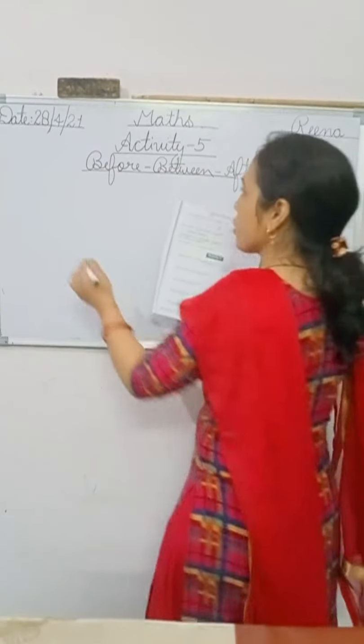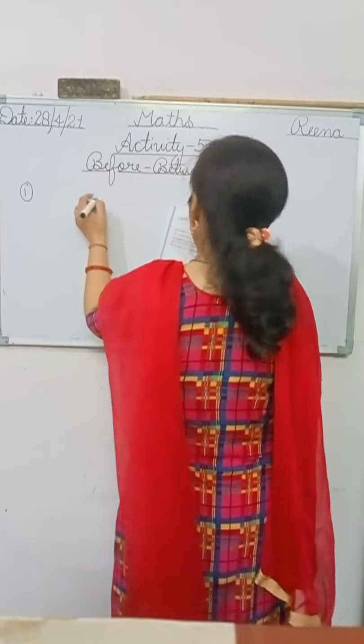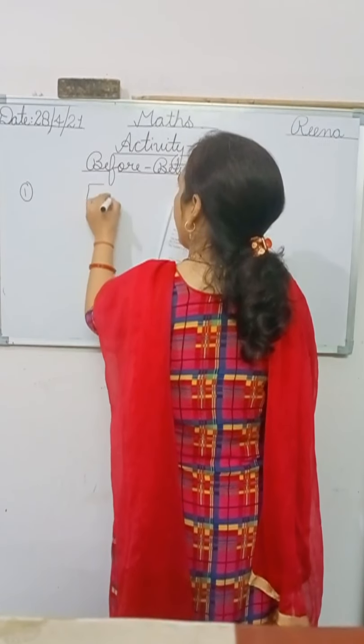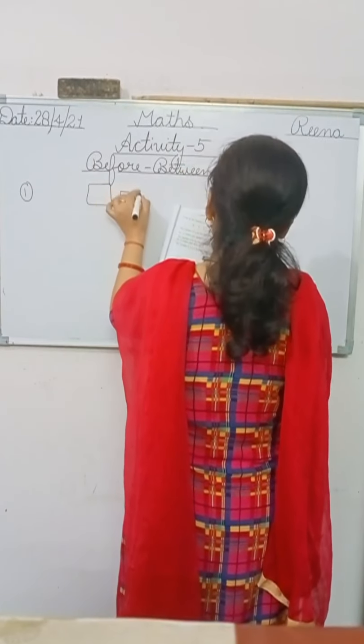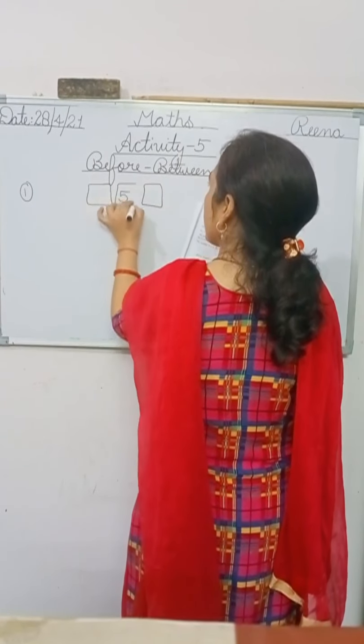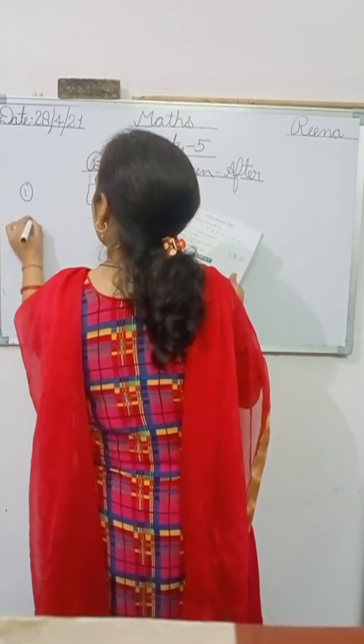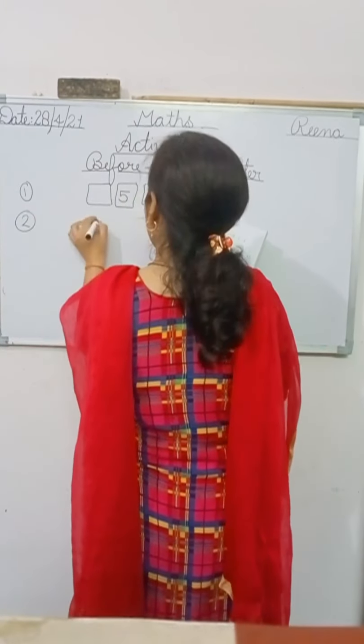Now your first question is dash, 5, 6. You have 5 and 6 given and the first number is not given.